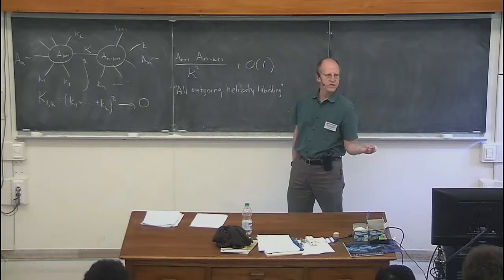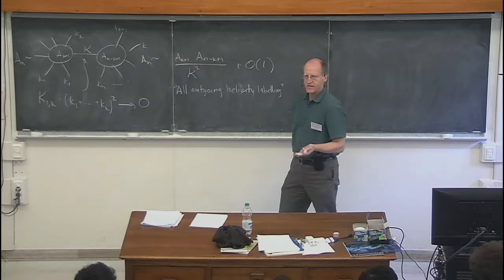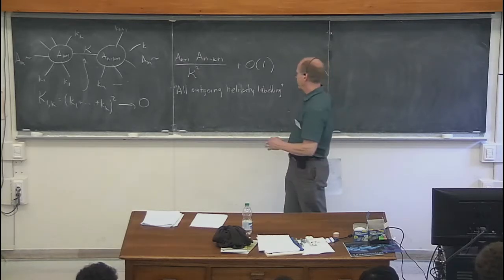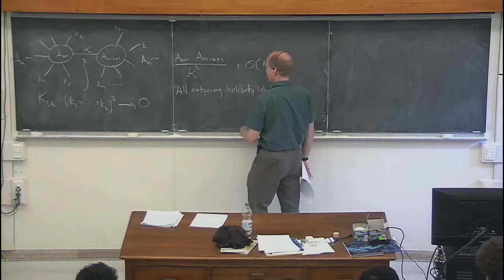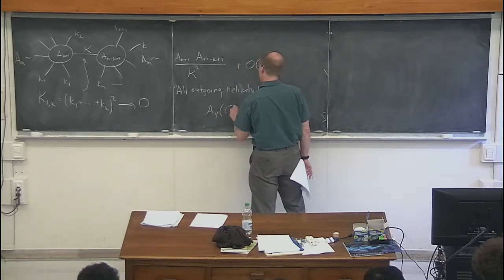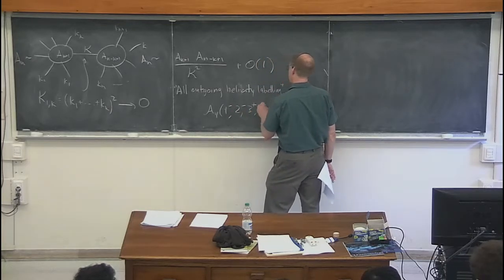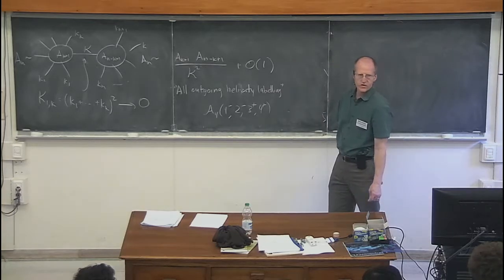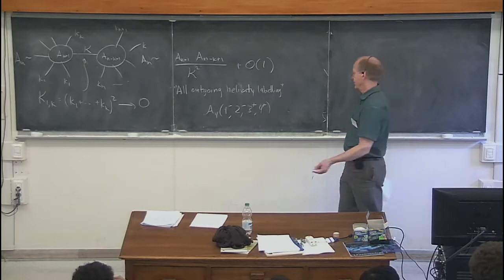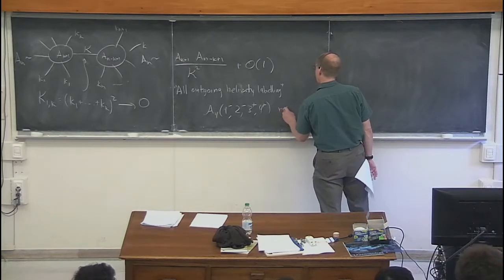We pretend when we write these formulas that all the particles are outgoing. If they're incoming, you're supposed to interpret the helicity as being the opposite of what it actually is.